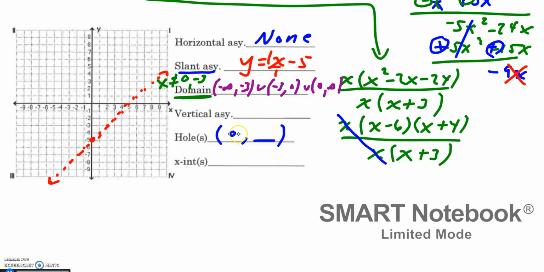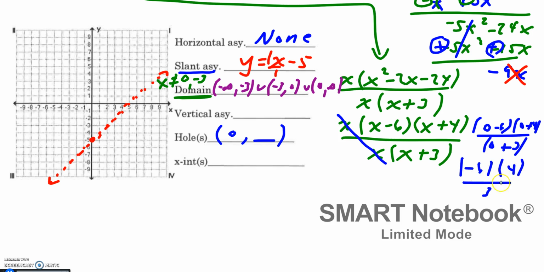So what you have to do is plug the 0 in the reduced version, which would be 0 minus 6 times 0 plus 4 over 0 plus 3, which is really negative 6 times 4 over 3, which is negative 24 divided by 3, which is negative 8. So that means on my graph, I have an open circle at 0, negative 8, so I'm going to put that there right now.